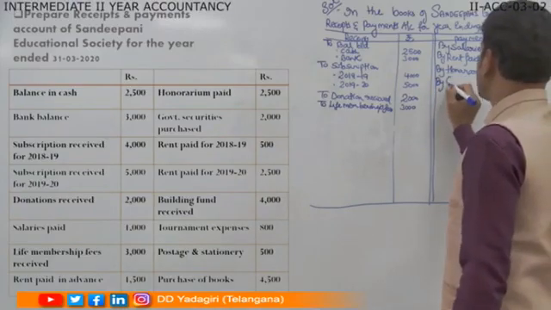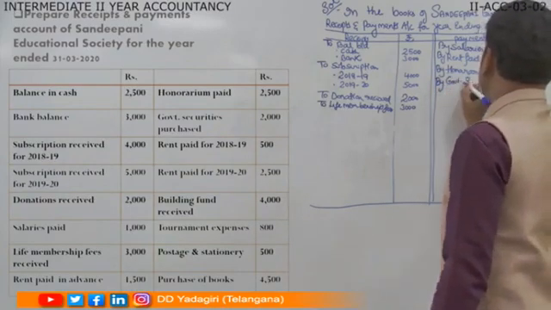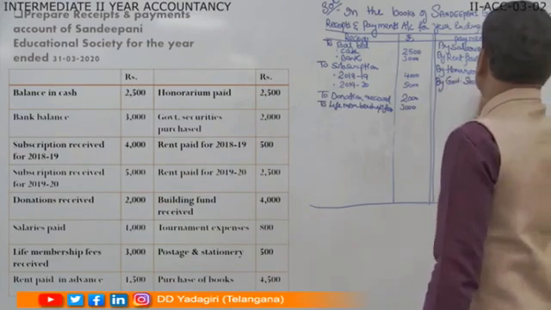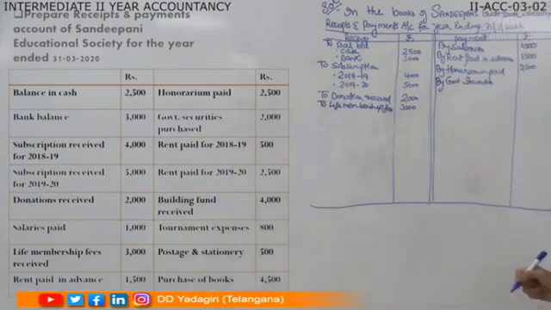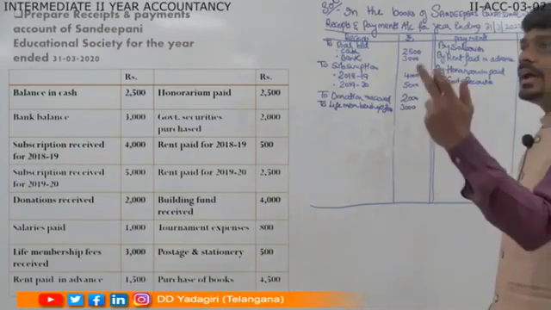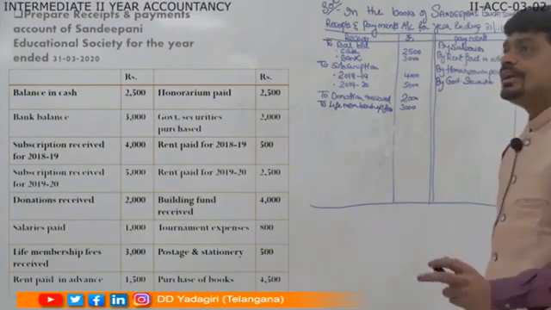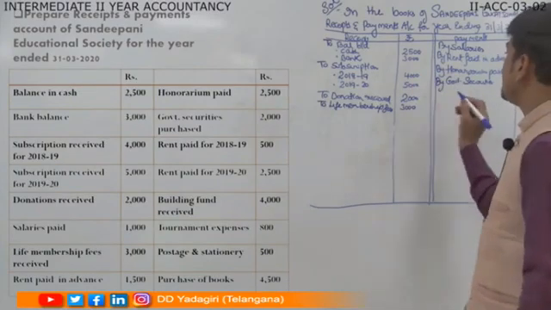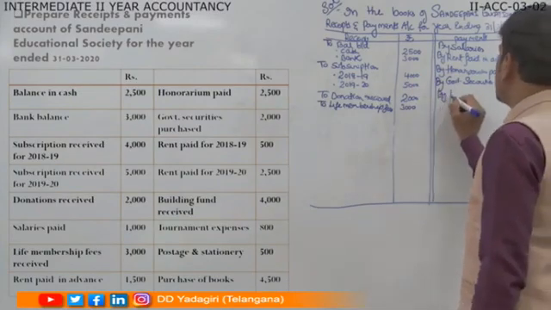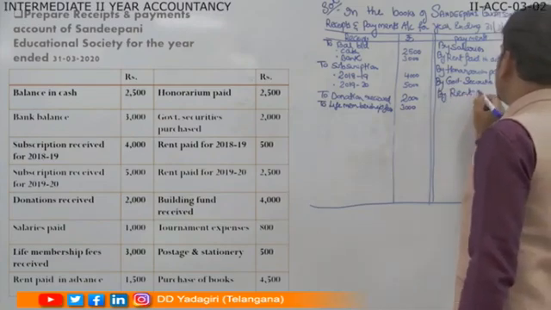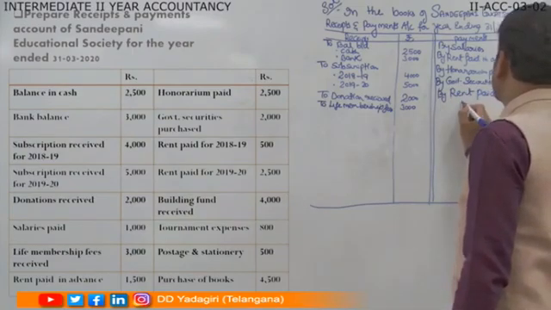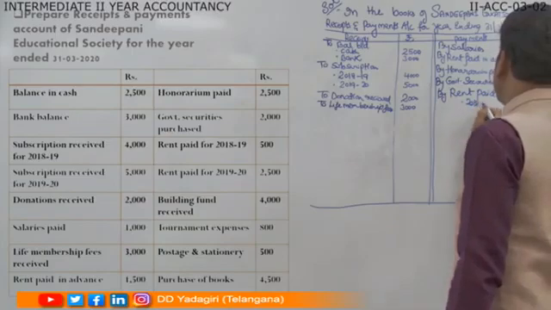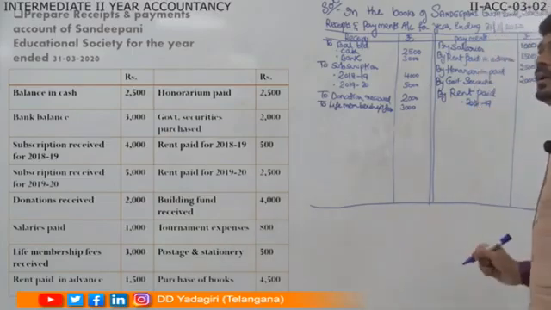Then securities purchased. So by government securities, how much we bought for? 2,000. Then rent paid. Again he gave rent paid for 2 years, 18-19, 19-20, same as subscription. We'll write here by rent paid, 2018 and 19. How much did we pay?